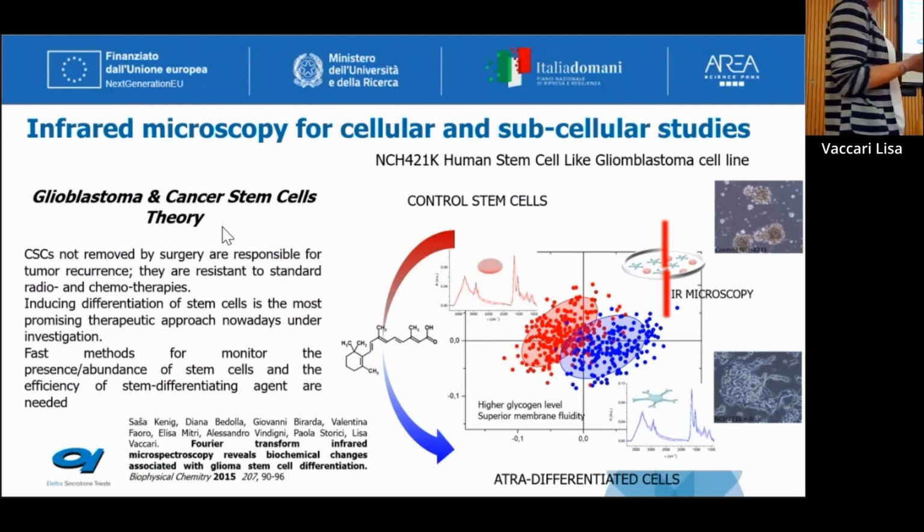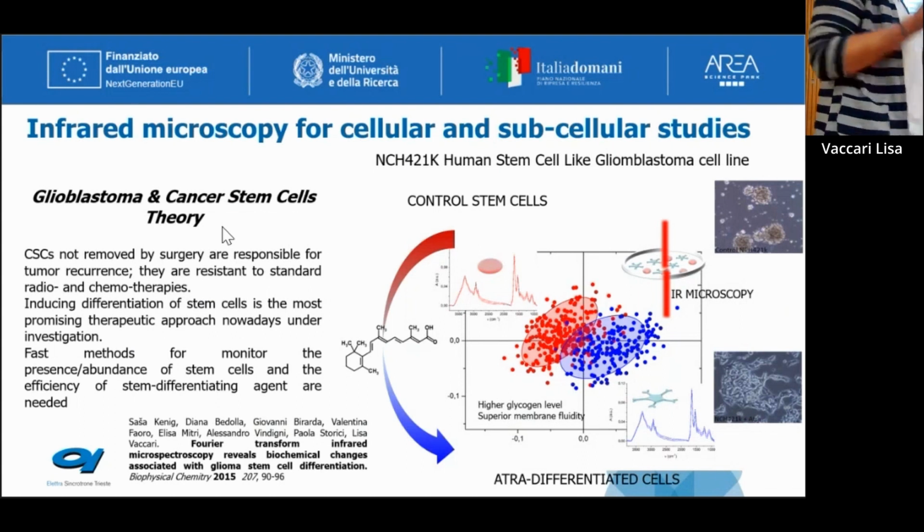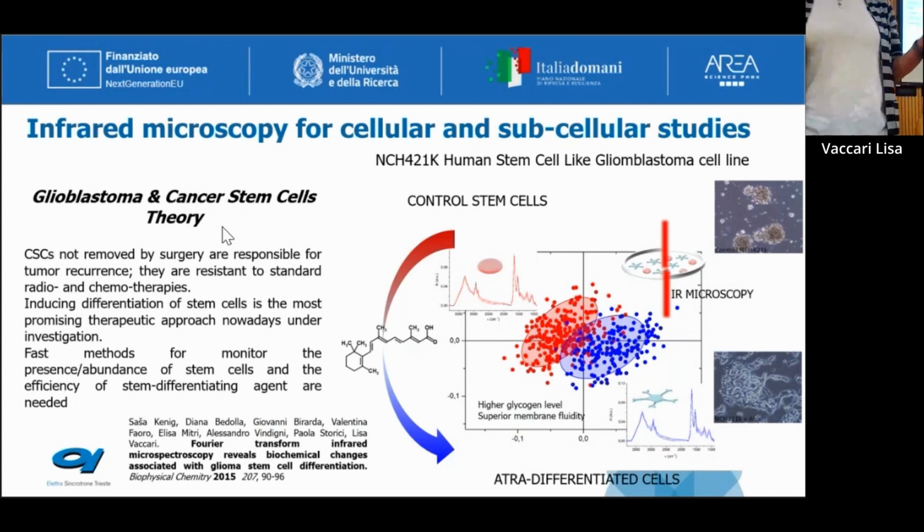First of all, we can measure cells at single cell level. We can measure them both hydrated or dehydrated, it doesn't matter. Each cell has its own chemical profile. And if you have two populations, the first thing that you can do is discriminate the two populations.